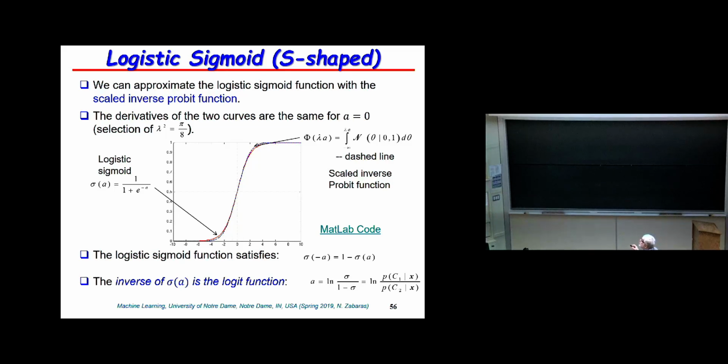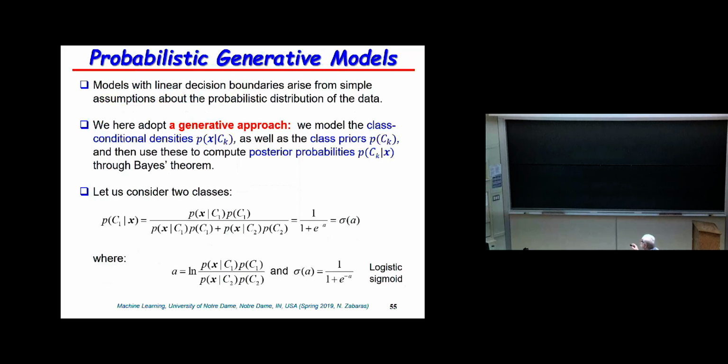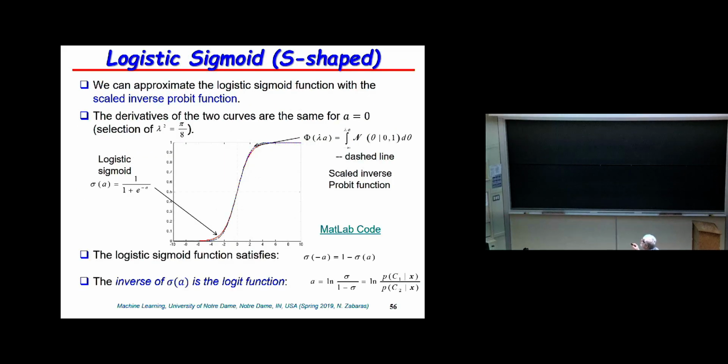So you remember we want to approximate sigma of a, and you can approximate it with phi of lambda a, where lambda squared is pi over 8. And where do you get lambda squared equal to pi over 8? You get it so that the two curves have the same slope at alpha equal to 0. This is a very powerful approximation of the sigmoid that will be used in the lecture on Tuesday, and also in other lectures as we move forward. So just remember, there is a nice approximation to the sigmoid function.